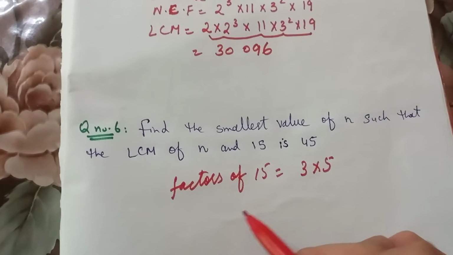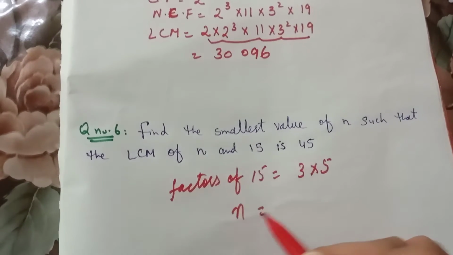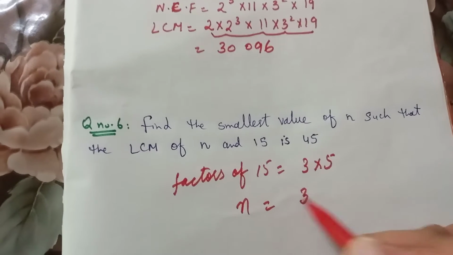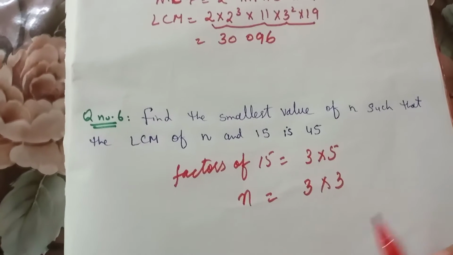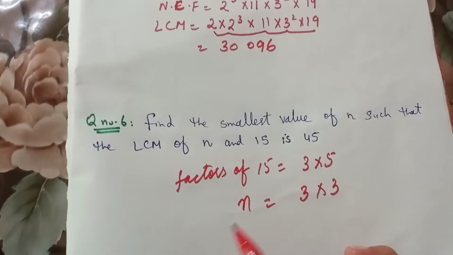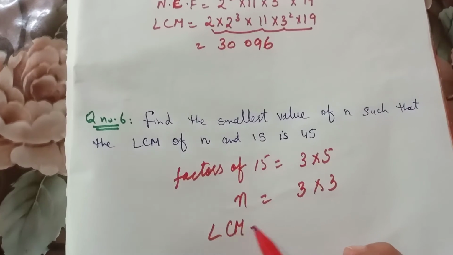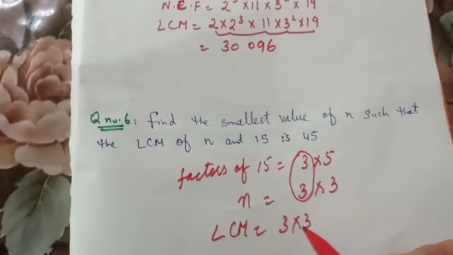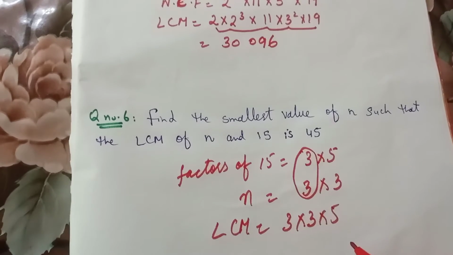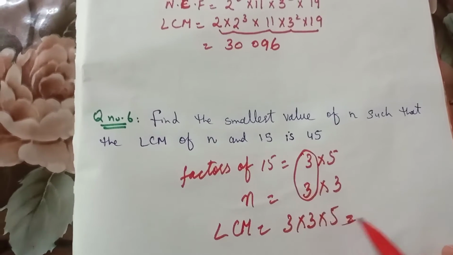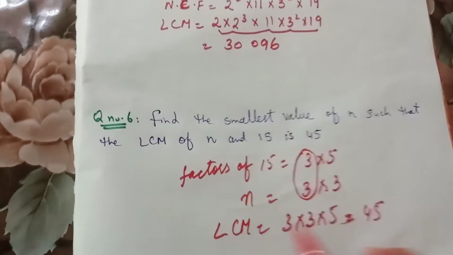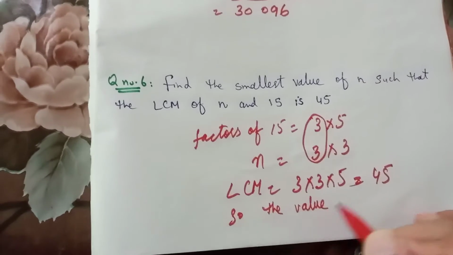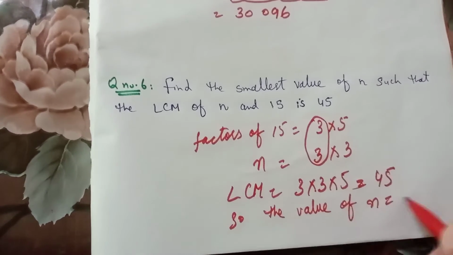So n's factors are 3 into 3. If we take this, then LCM is common factor 3 into uncommon factors, and this is 45. So the value of n is 9.